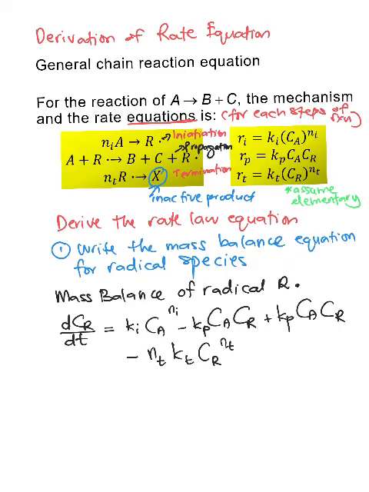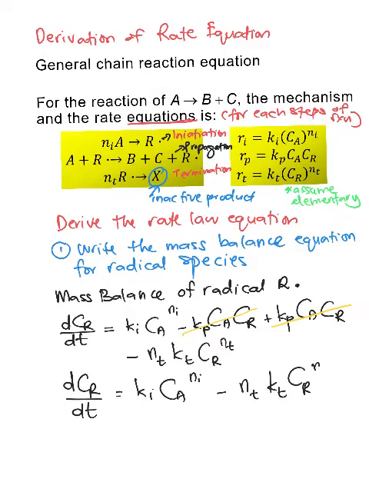If we cancel out minus Kp Ca Cr and plus Kp Ca Cr, therefore dCr per dt equals Ki Ca power of Ni minus Nt Kt Cr power of Nt. So this is for the first step.